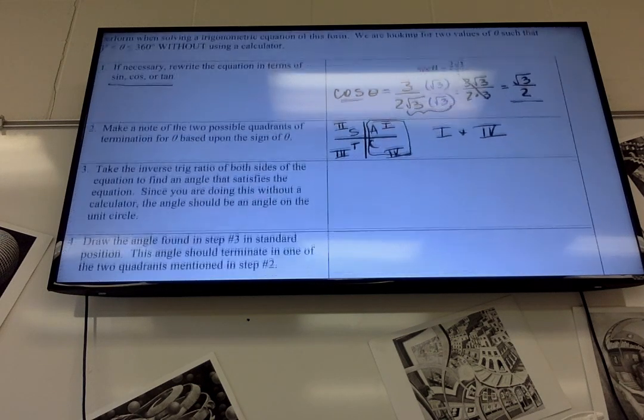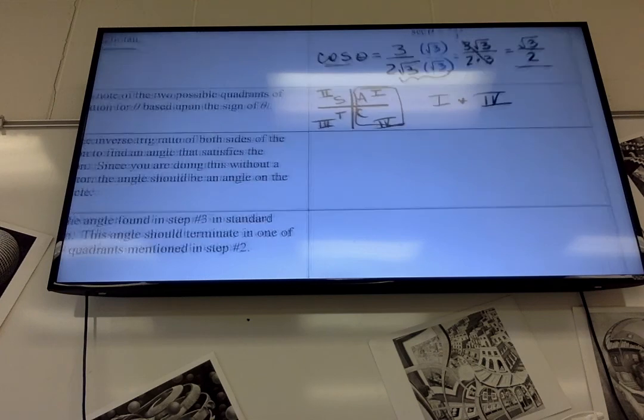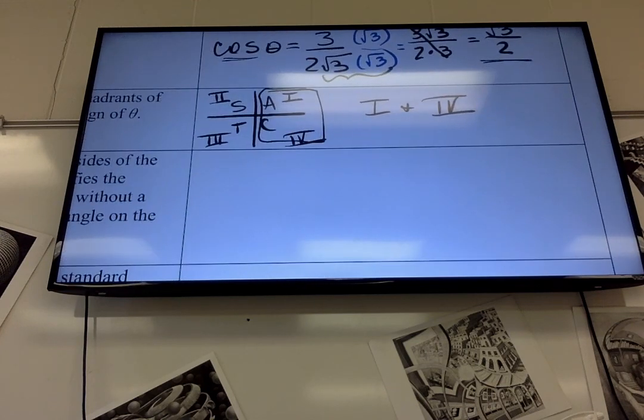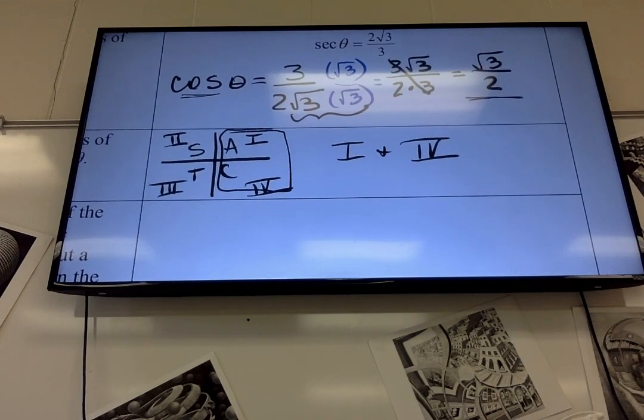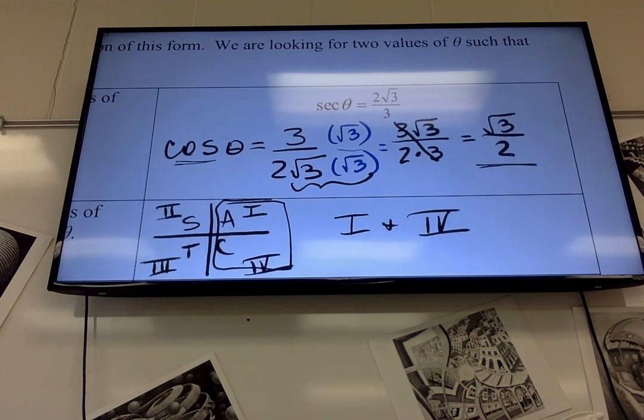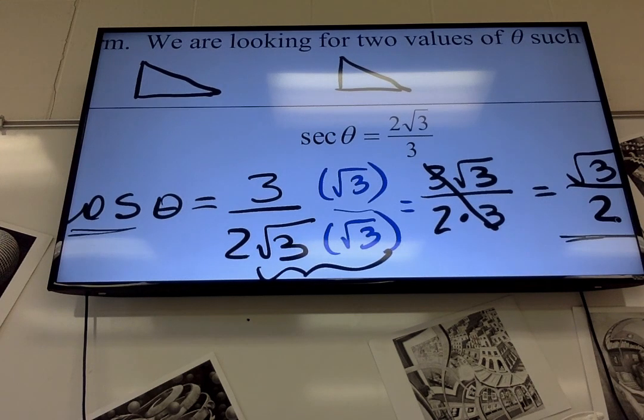Step 3. Regardless of what they say, we have a square root of 3 and a 2. So we need to be thinking of our 2 special right triangles. We have 2 of them. One is 45, 45, 90.